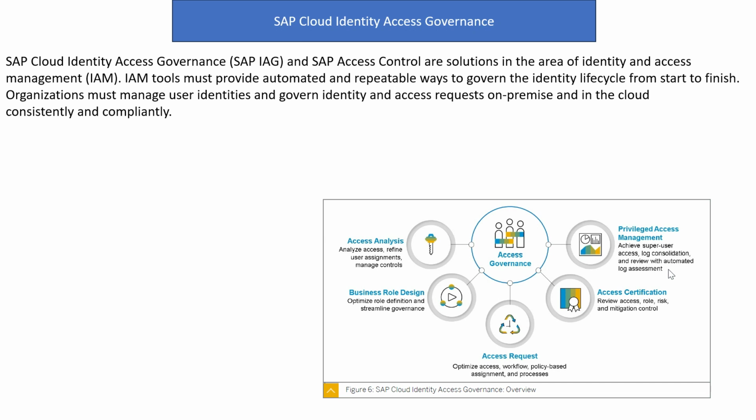And then access request. What is access request? For a new account or for any authorization we need, we need to create the access request. That is done through the access request management component, or service, of SAP GRC Access Control, and that ARM is now access request in SAP Cloud Identity Access Governance.